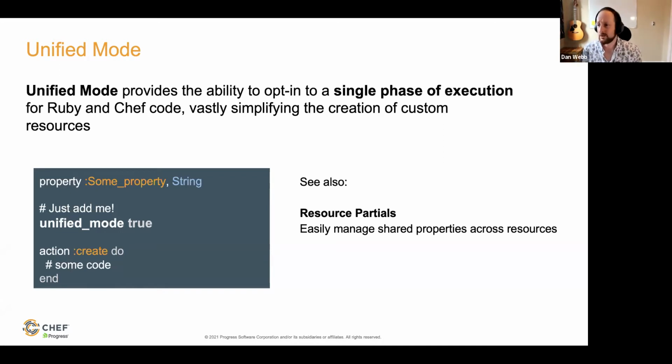Another really nice thing, alongside unified mode, is resource partials. We won't be seeing this today. At some point in the future, we'll be going through the HA proxy cookbook and how we use partials there. It's a really nice way of sharing properties across multiple resources.